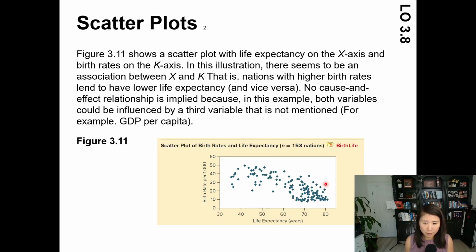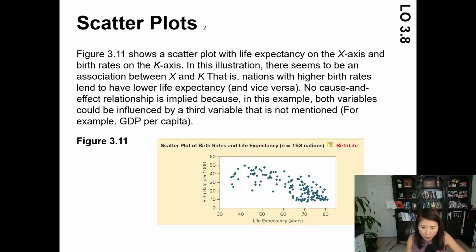As you can see, from 20 the average is here, and then when we look at the higher 40 here, it looks like the higher the life expectancy, the lower the birth rate, and the lower the life expectancy, the higher the birth rate. So there's kind of an inverse relationship.